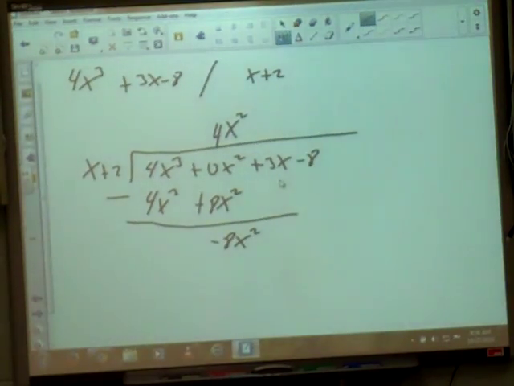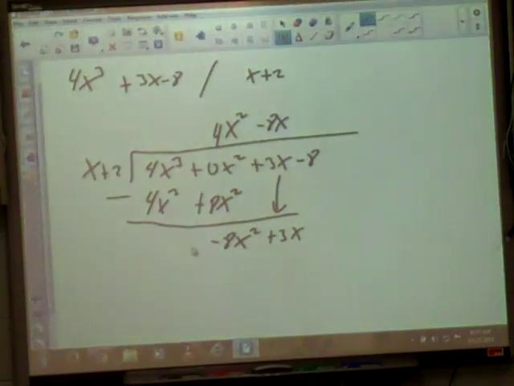Now I'm going to just drop down the 3x, positive 3x, and now I got to start all over again. Now I'm saying x times what gets me negative 8x squared? Negative 8x, good. So now we distribute negative 8x to both of those.